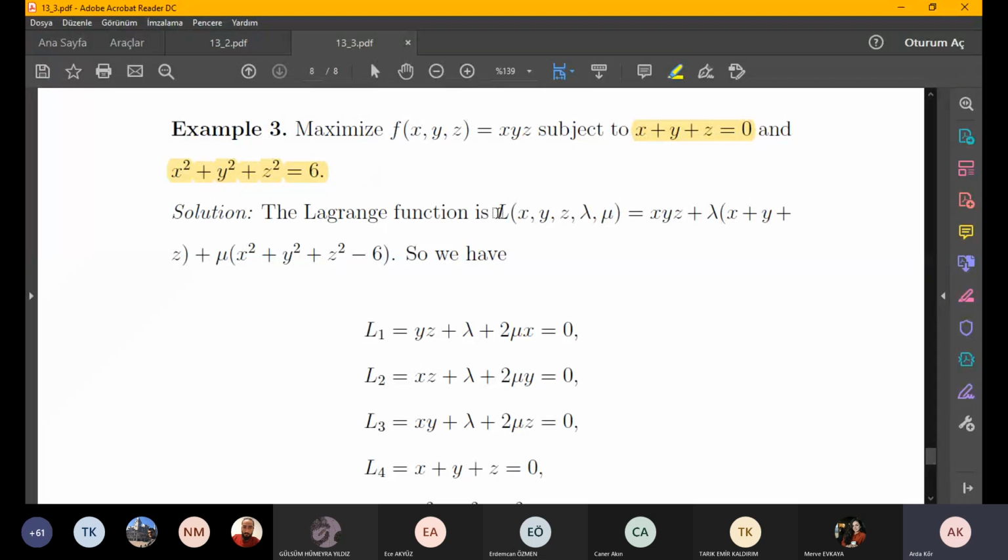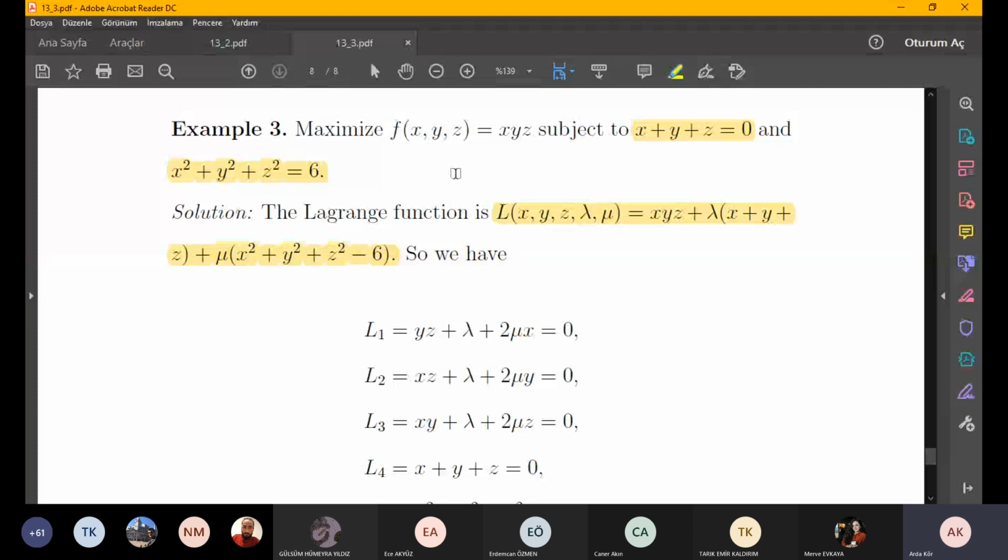First, again, we have to write the Lagrange function, which will be f(x,y,z) plus lambda times g(x,y,z), where g is x plus y plus z equals 0, plus mu times h(x,y,z), the other constraint function, which will be x squared plus y squared plus z squared minus 6 equals 0.